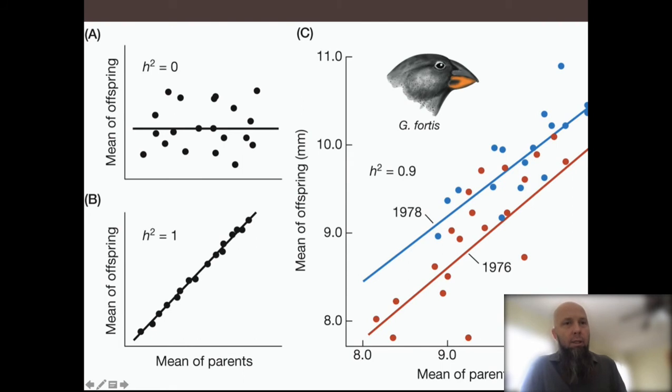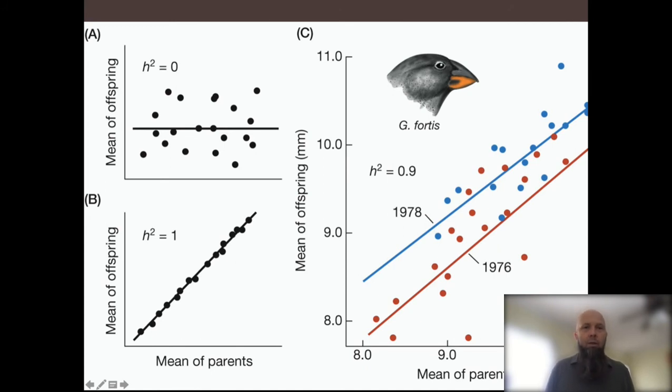If heritability is 0, that top left graph, you can see it doesn't matter what the parents are. The offspring can be anything. And so there's very little relationship between parental average and offspring average. Usually phenotypic traits fall somewhere in between these two.